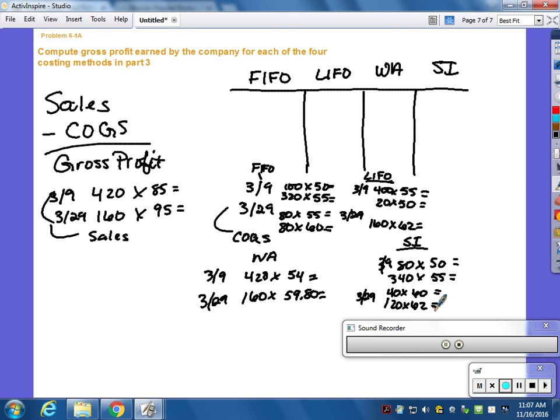So these are going to be cost of goods sold and sales.